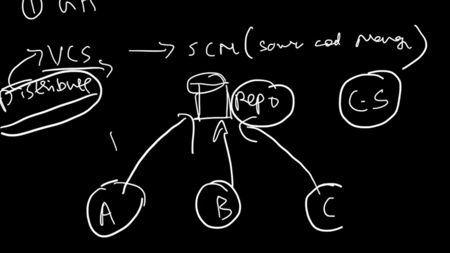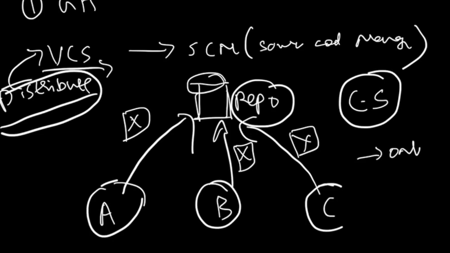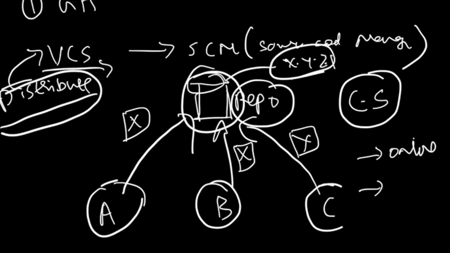So let's say A wants to change file X, and B wants to change the same file X, and C wants to change, let's say, file Y. So here, since A and B are working on the same repository, the first drawback is they need to be online in client server, because this repository will be hosted in, let's say, x.y.z.p in this IP.